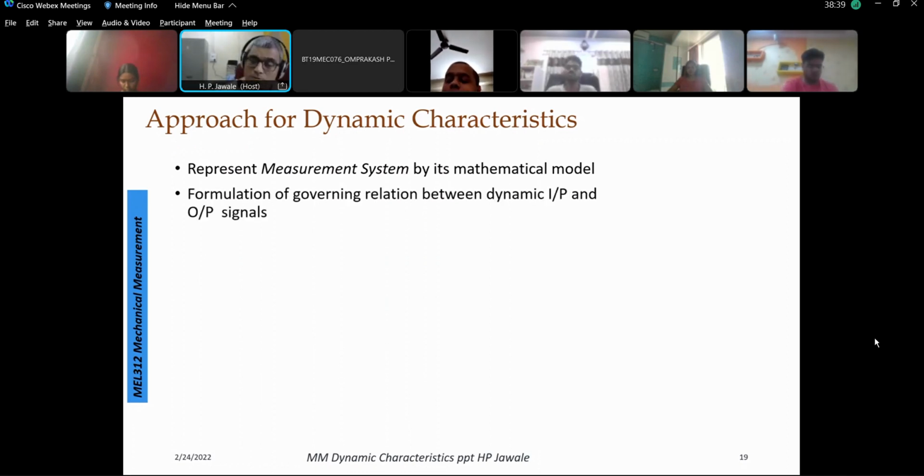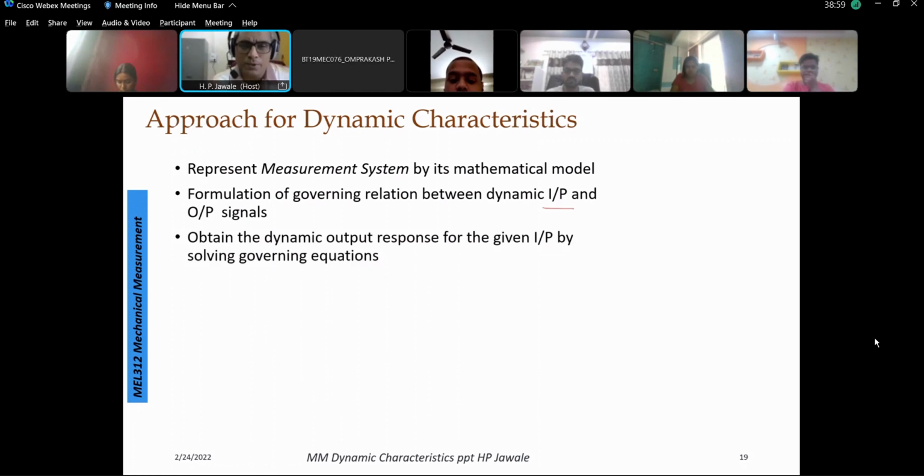Then to this mathematical model, we supply input signals in the form of a mathematical formulation. We then have the formulation which governs the relationship between the dynamic input and the dynamic output signal of the system, and we obtain the dynamic output response for the given input by solving the governing equation. This is the standard approach for finding the dynamic characteristics of the system.